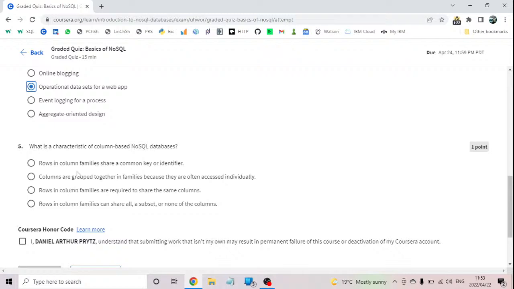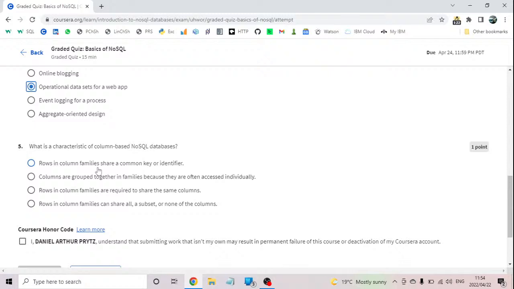What is the characteristic of column-based NoSQL databases? Columns are grouped together in families because they are often accessed individually. Rows and column families are required to share the same columns. Rows and column families share all, a subset, or none of the columns.